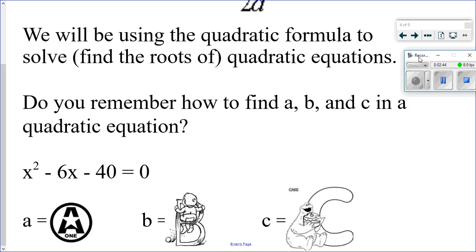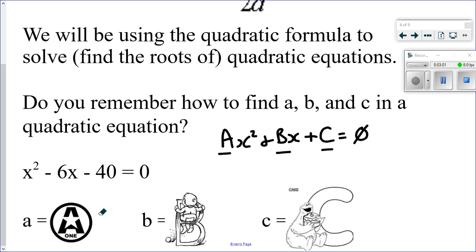do you remember how to find a, b, and c in a quadratic equation? Right? So this is in standard form, a, b, and c. So how do we, for example, in this equation, find a?